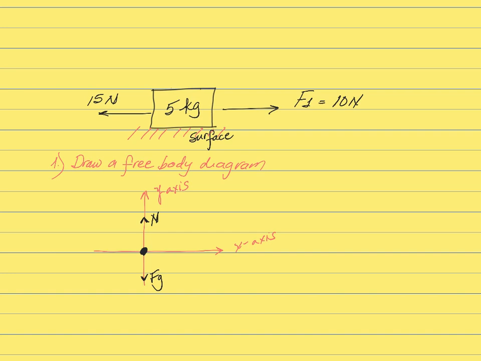Then I have a force over here equal to force 1 that is equal to 10 newtons, and I have a bigger force over here to the left equal to 15 newtons. That is your free body diagram.